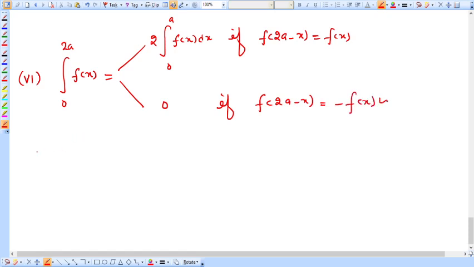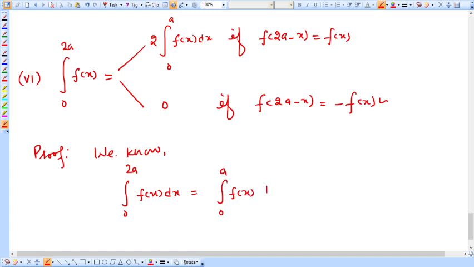Okay, so proof of this property, we know property 5. Okay, we know from property 5 0 to 2a इंटीग्रेशन f of x dx इज इक्वल टू, अभी अभी किया प्रॉपर्टी 5 कितना आया था? 0 to a f of x dx प्लस 0 to a f of 2a minus x dx, right?